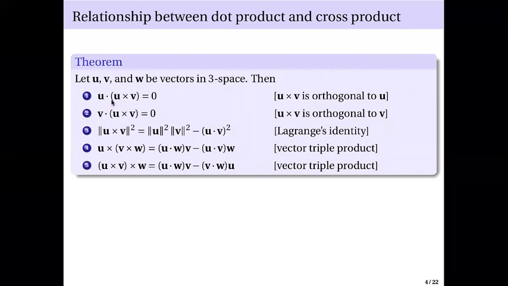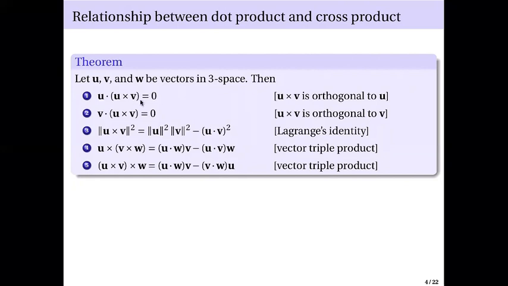Take note, you have to apply the dot product on 2 vectors. U cross V is a vector, so you can do the dot product. This first item tells us that U dot U cross V is equal to 0.